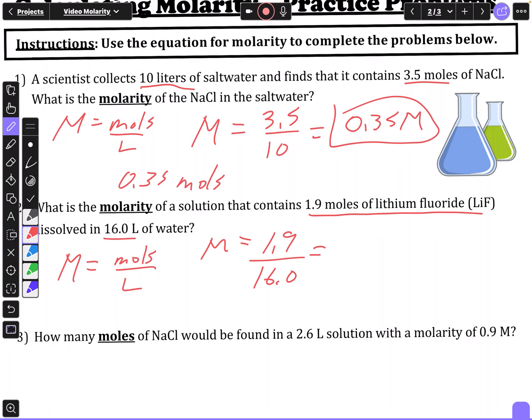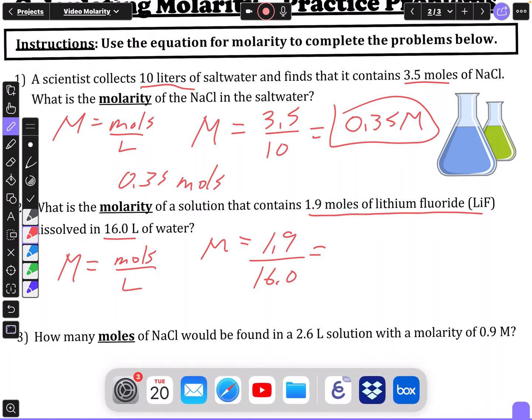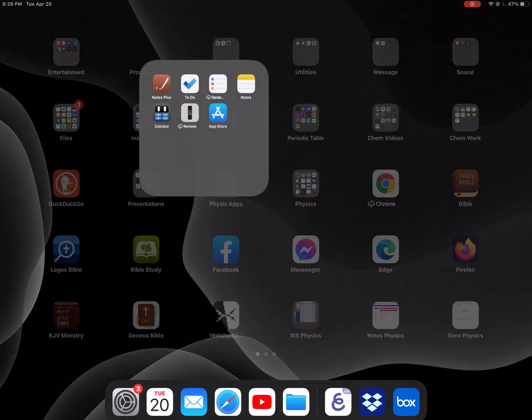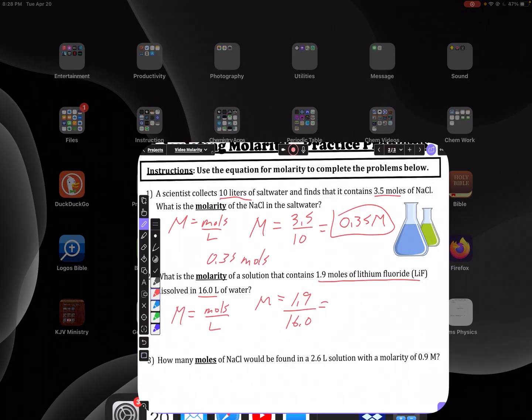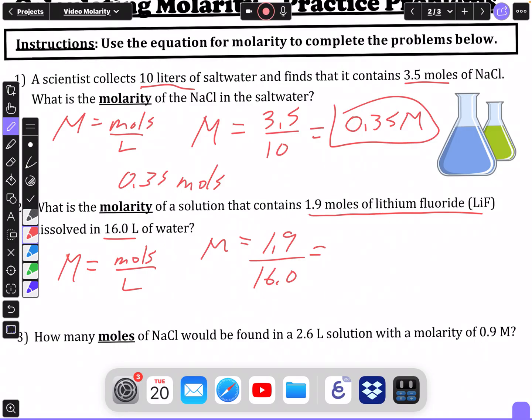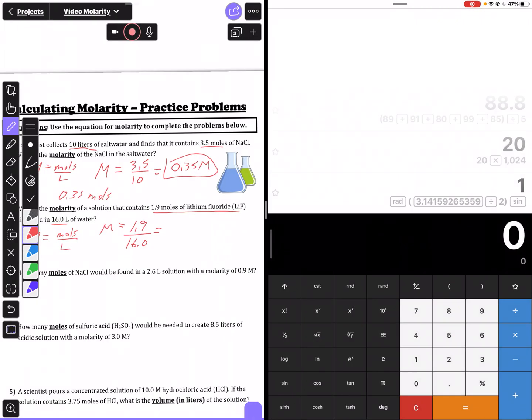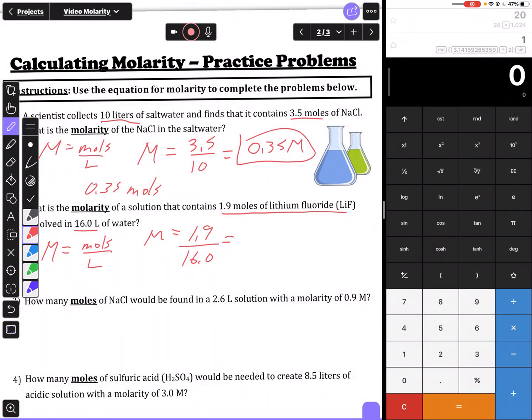I'm going to punch that into my calculator. So 1.9 divided by 16.0 equals, and I can round this to 2 decimal places like we always do.